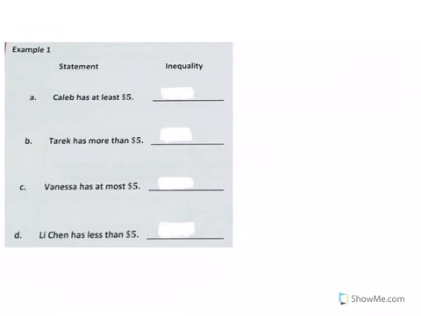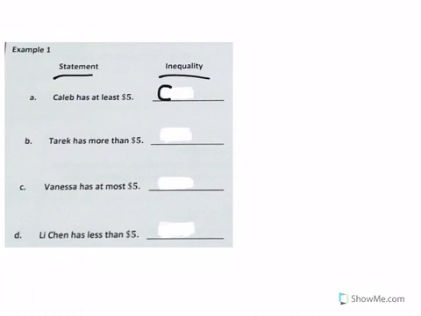So we've got some statements here, and we're going to write the inequalities. The statements aren't related to any math problems. They just are statements, and we're going to write an inequality based on those. Here's an example. Caleb has at least $5. So we'll put C for the amount of money Caleb has.